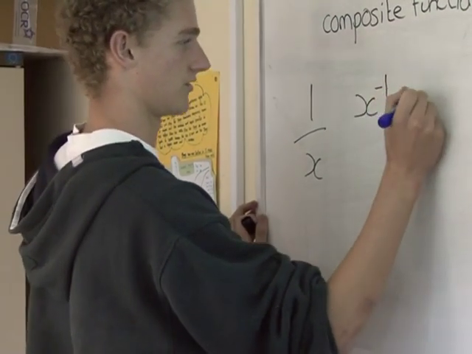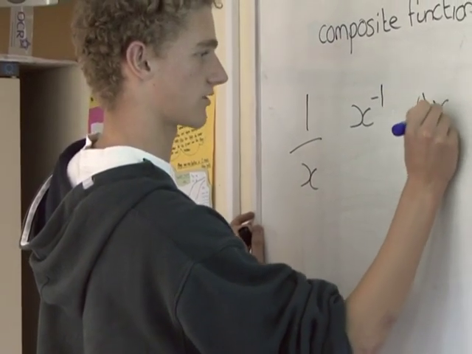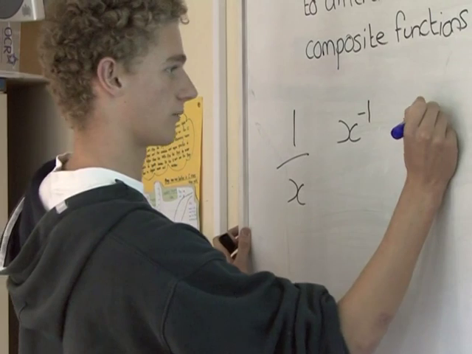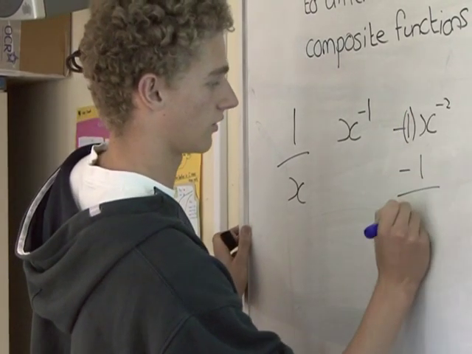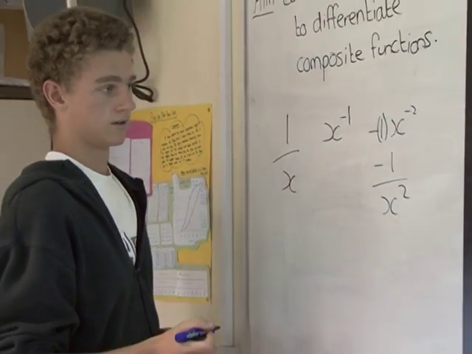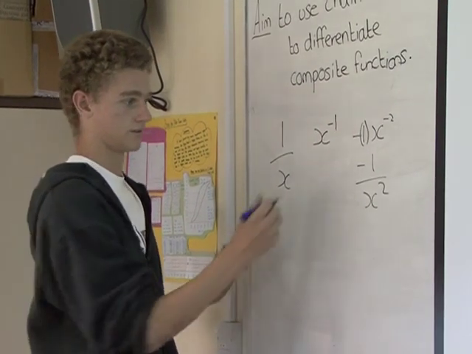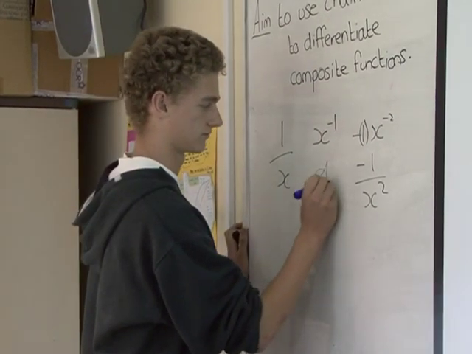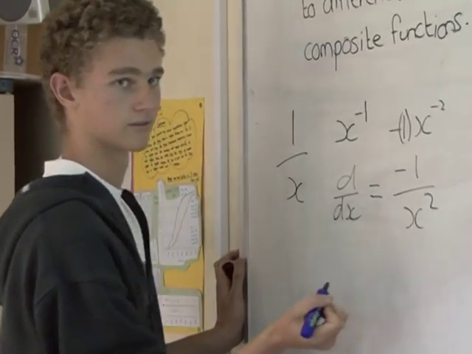Then to differentiate it, you bring the minus 1 in front of the x, and then drop the power by 1. It's going to be the same as minus 1 over x squared. How would you write that formally using function notation? Okay, excellent, yeah.